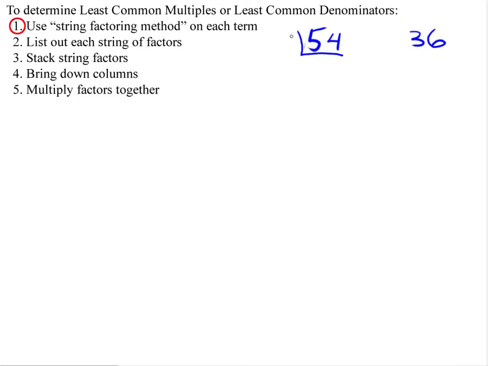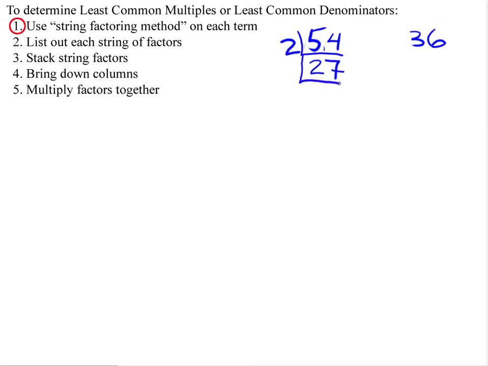Because it's even, we can divide 2 into 54. 2 into 5 is 2. 2 times 2 is 4. 5 minus 4 gives us a 1 right here. And so that gives us 14.